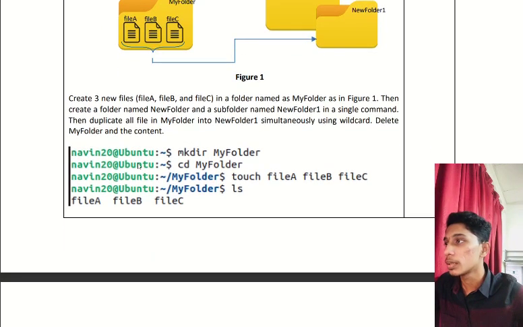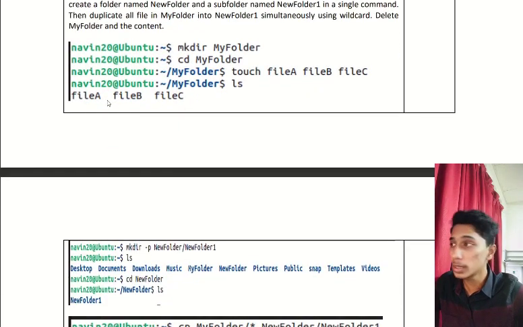The command is mkdir my folder, cd my folder, and we enter my folder. Touch file A, file B, file C. After we create the files, we run ls to see the created files.